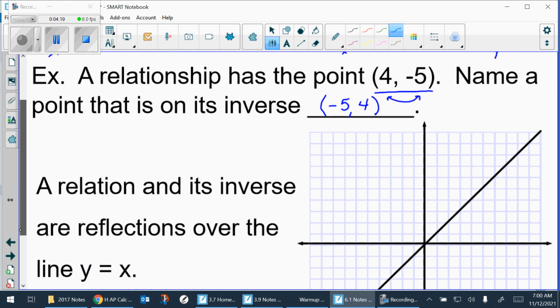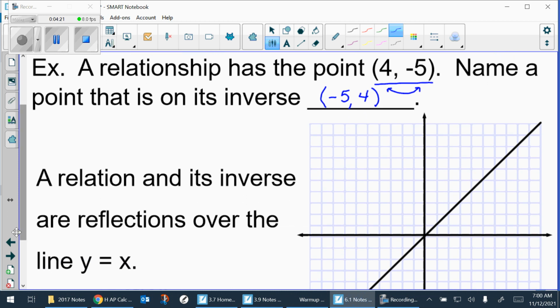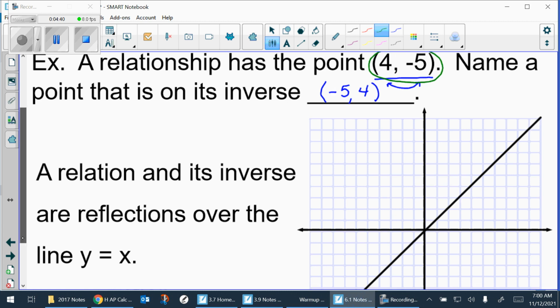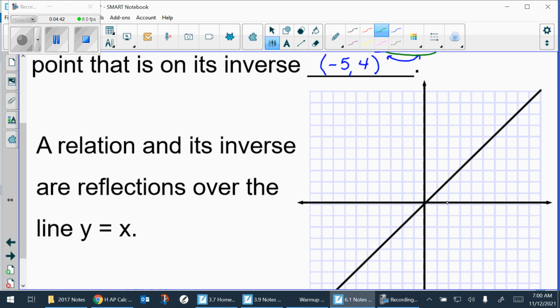Now, on a graph, what does that look like? Well, what it says here is a relation and its inverse are reflections over y equals x. So this point up here was on the relation. Point 4, -5. Now let's graph that. 1, 2, 3, 4, 1, 2, 3, 4, 5 right here.